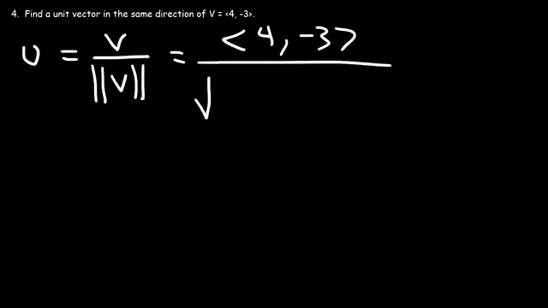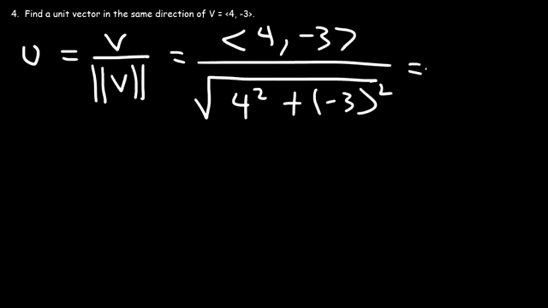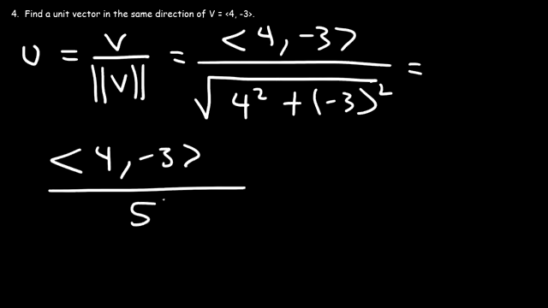And now the magnitude of v is going to be the square root of 4 squared plus negative 3 squared. And we know 4 squared is 16, negative 3 squared is positive 9, 16 plus 9 is 25. And the square root of 25 is 5. So this becomes 4, negative 3, all divided by 5.